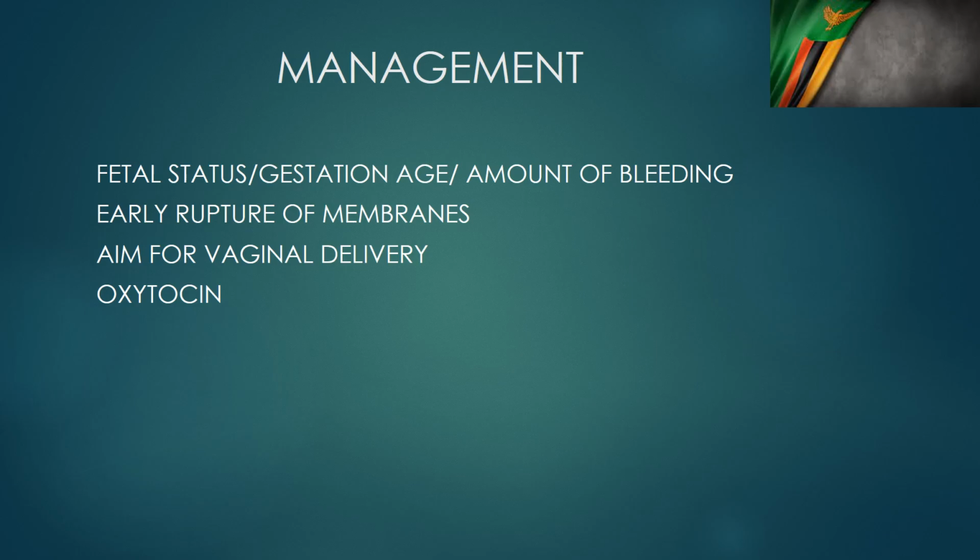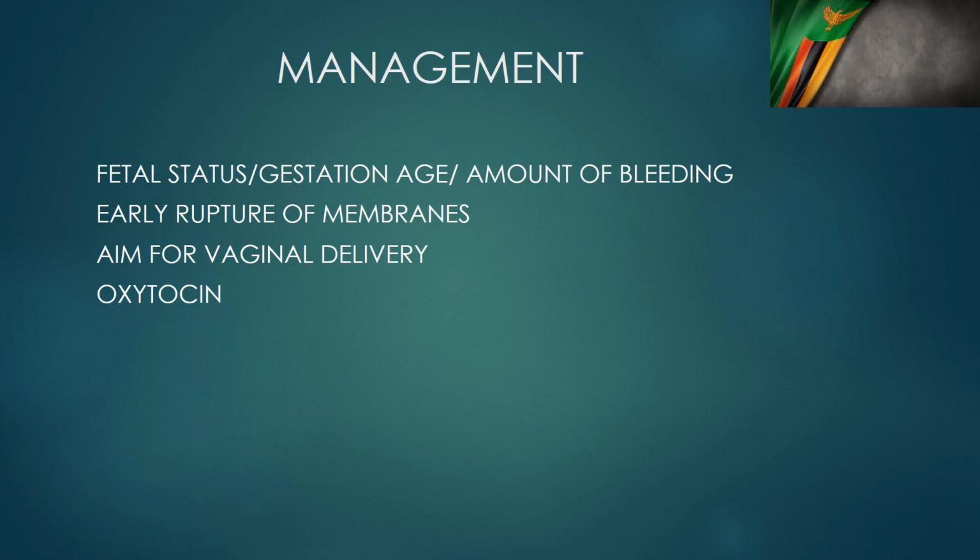The role of oxytocin is a bit controversial. We need to remember that we need to individualize the use of oxytocin in a patient with abruptio placenta because once the oxytocin is given, the uterus will contract, and sometimes these patients already have a high pressure. Their uterus is already irritable and it's contracting.